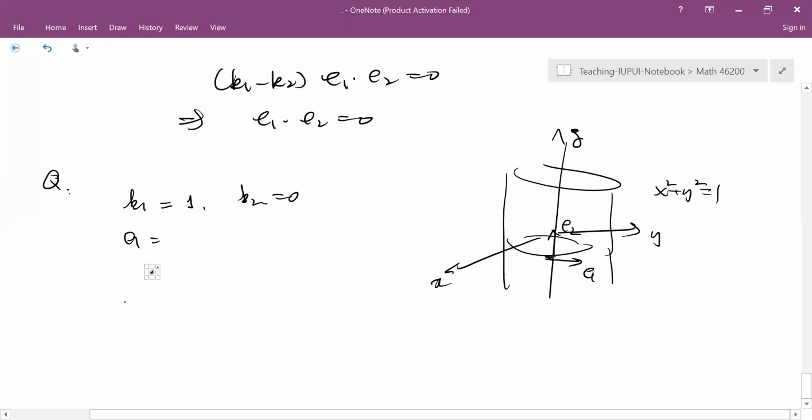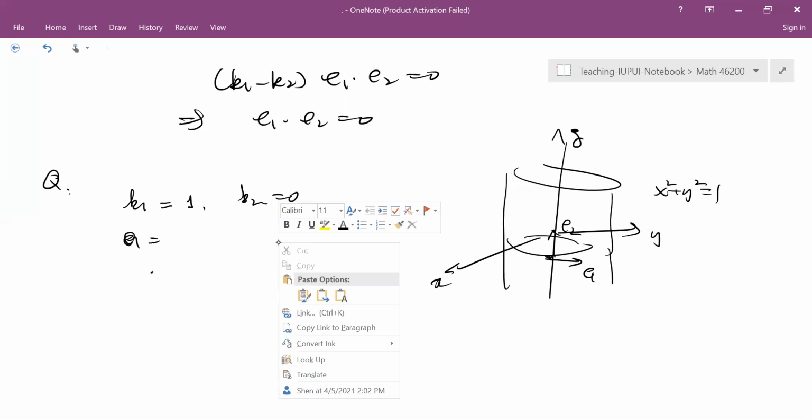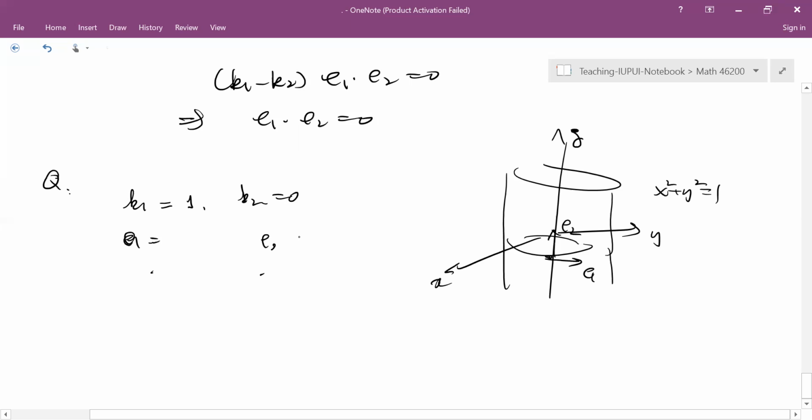E1 at every point, you can look. E2 is a vertical vector, and it depends on where the point you choose.